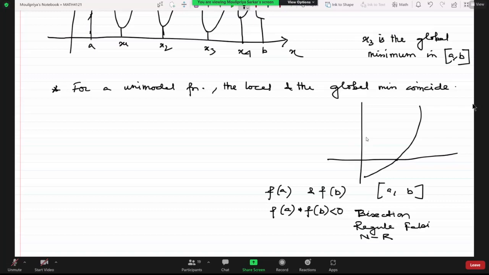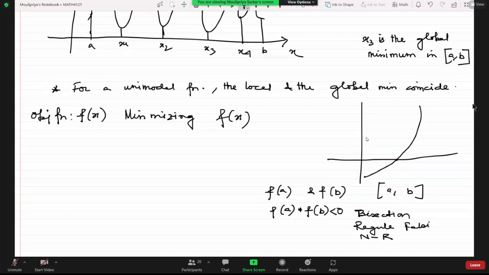Now we will learn to minimize if the objective function is non-linear. So your objective function is, say, f(x), a function of x, and we will be minimizing f(x). For that, we are going to learn certain search techniques.